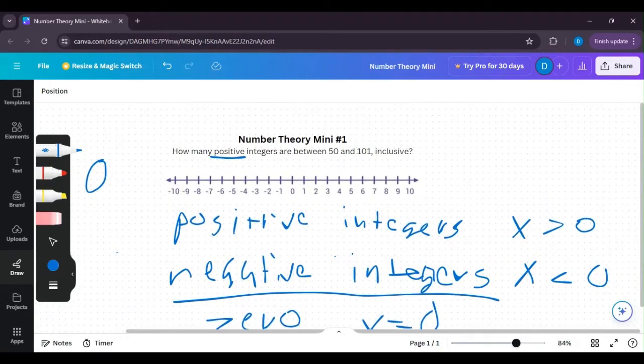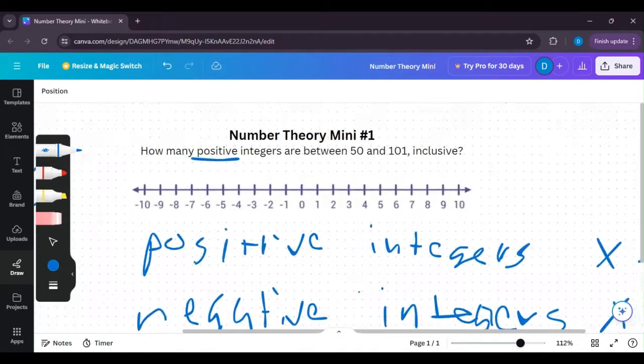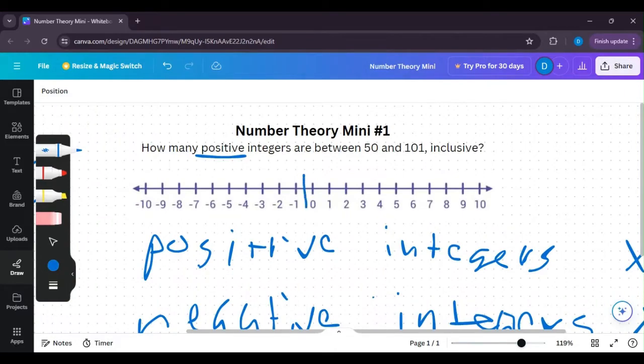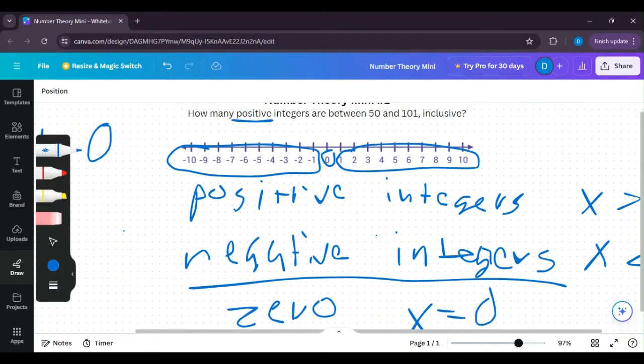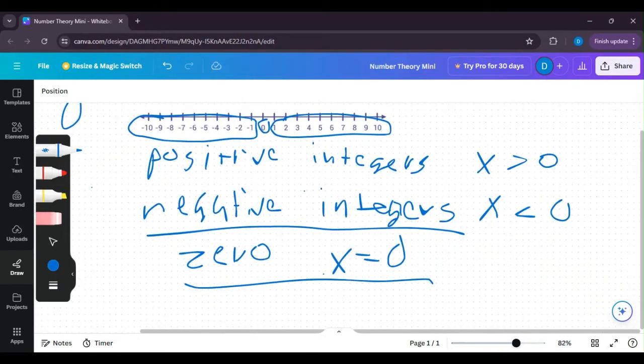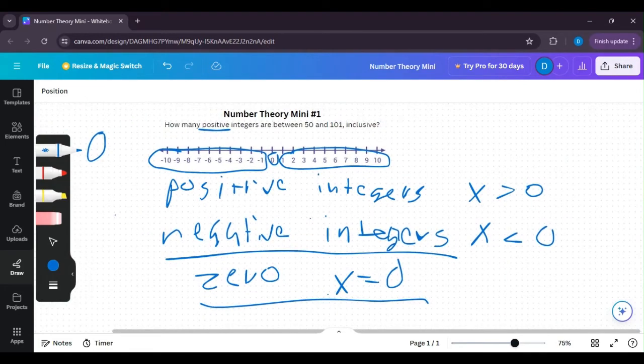And 0 is just 0. So those are the 3 subcategories of integers. On the number line, here are the negative integers, here's 0, and here are the positive integers. In math competitions we mainly use positive integers and 0, however negative integers are also assessed.